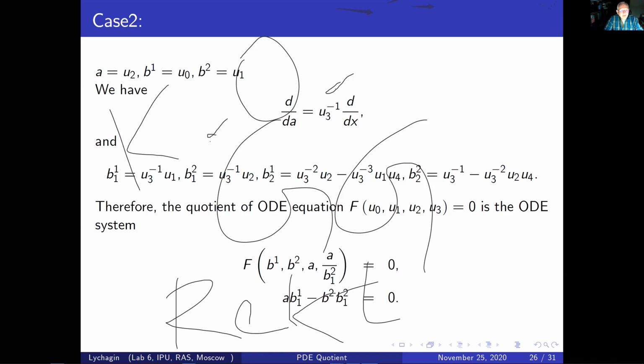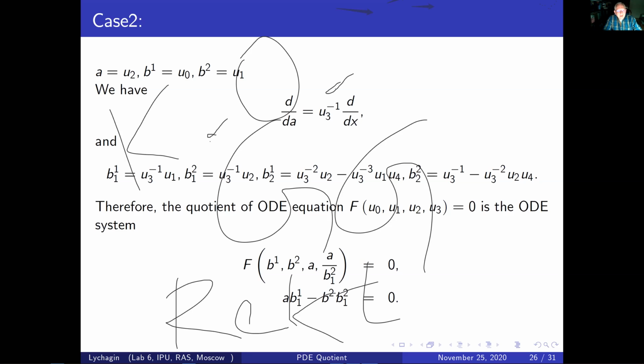Anyway, sorry. In the second case, I will take the same group and the same jets, but I will change a little the choice of this coordinate A, and instead of U0, I will take U2.